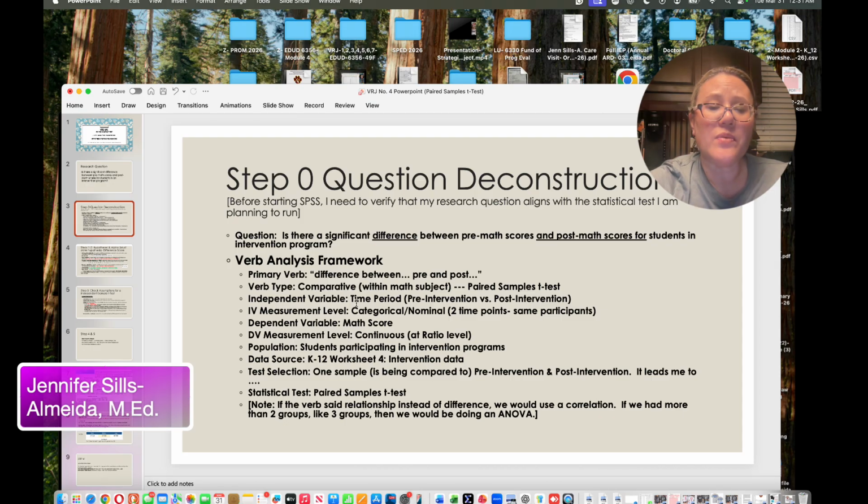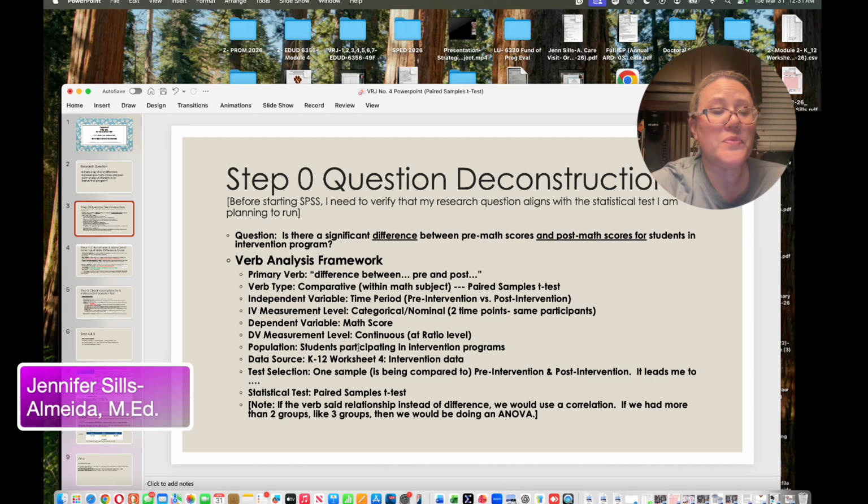The independent variable will be the time period, pre-intervention and post-intervention, and the IV measurement level would be categorical, nominal. The dependent variable would be the math score, seeing the effect on the math scores.